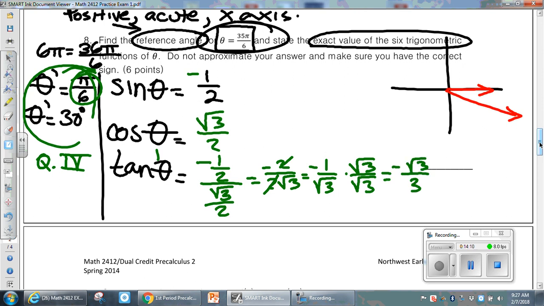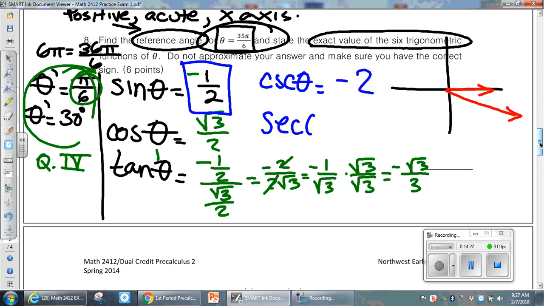Very good. Now, if you know those 3, you obviously know the other 3, correct? Cosecant will be the reciprocal of that, so negative 2. Secant will be the reciprocal of that, so 2 over square root of 3. If you don't have time to rationalize because you're running out of time, just leave it like that.